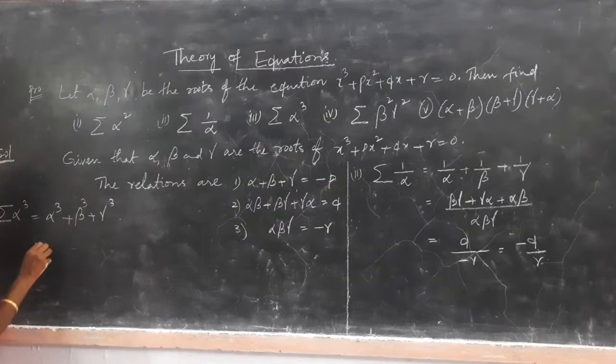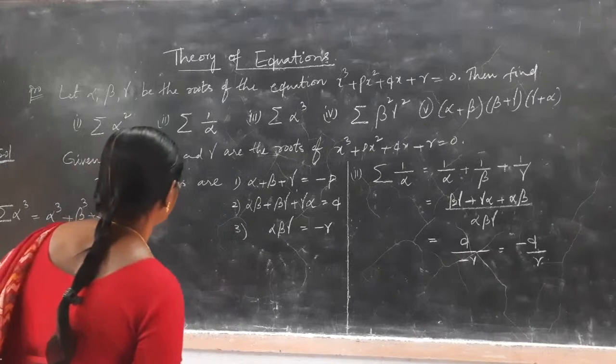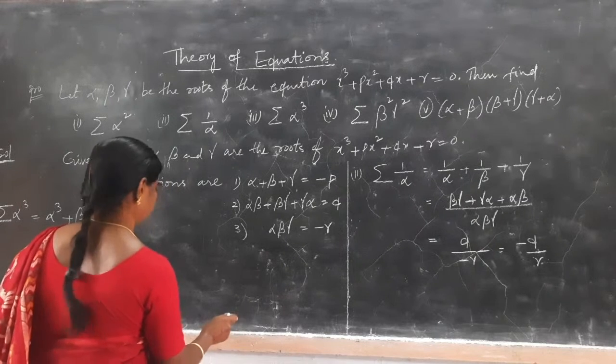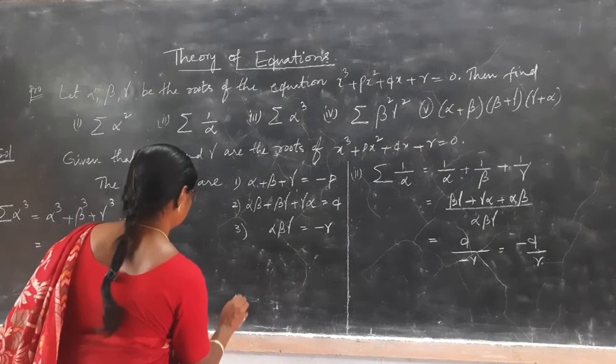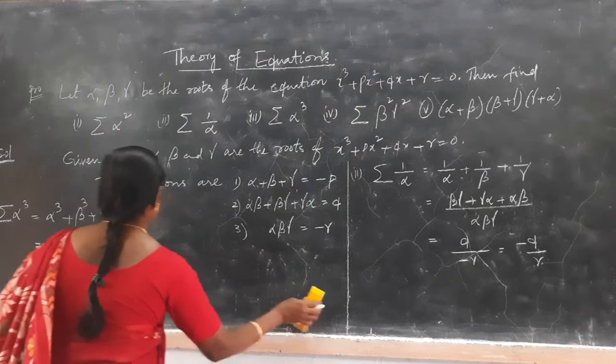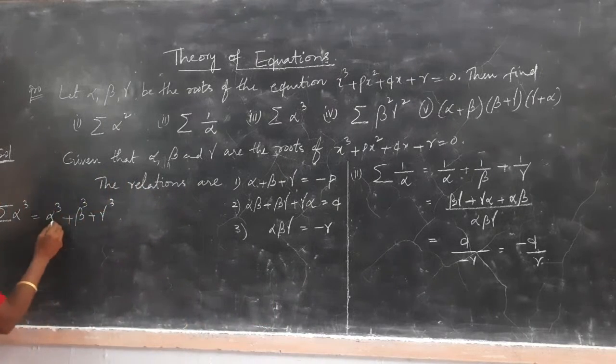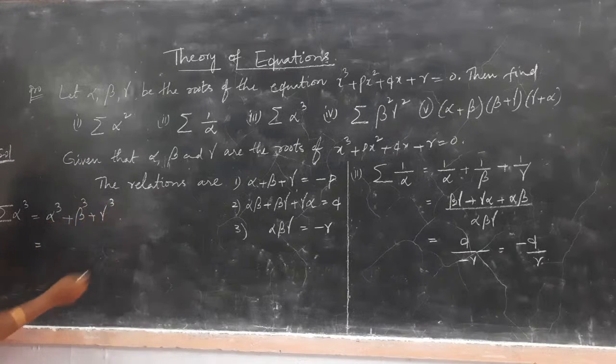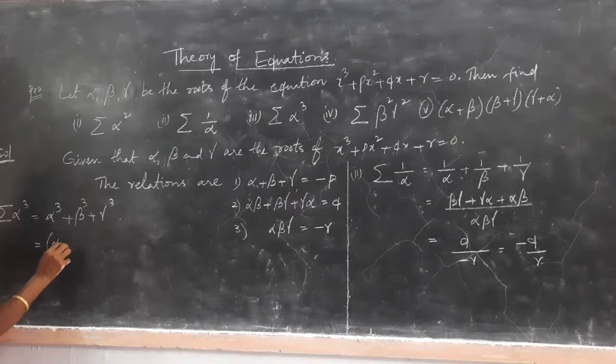So what is the formula? a cubed plus b cubed plus c cubed minus 3abc is equal to (a plus b plus c) times... Okay, remember the formula.